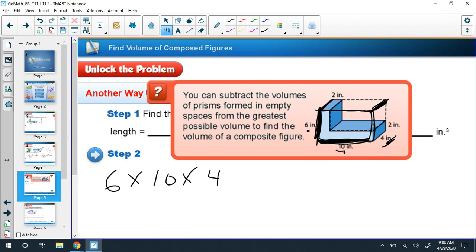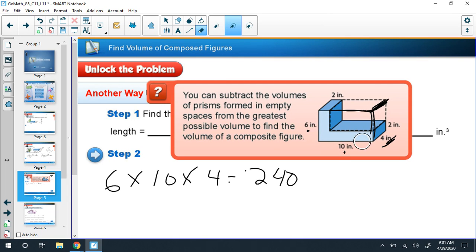So we're going to multiply all three of these numbers together. We're going to pretend like the whole thing is one big piece, and 6 times 10 is 60, and 60 times 4 is 240 cubic inches.